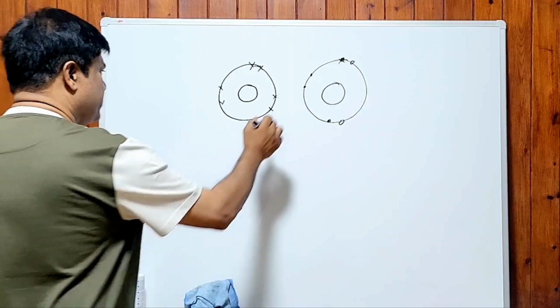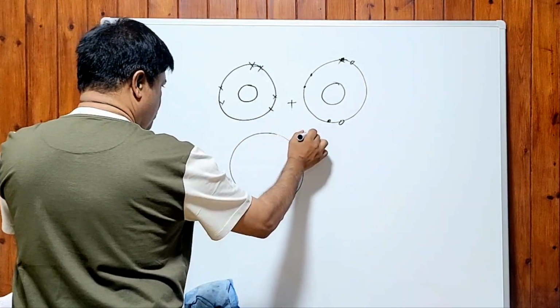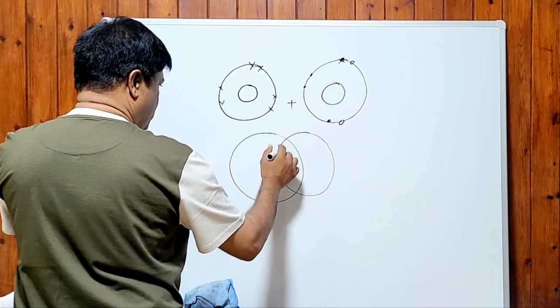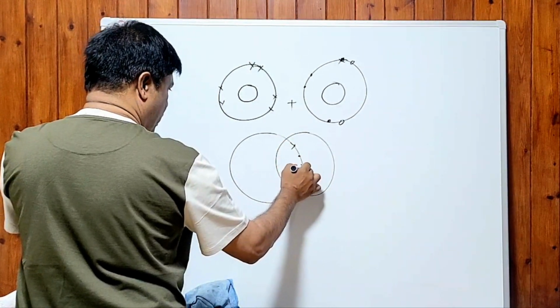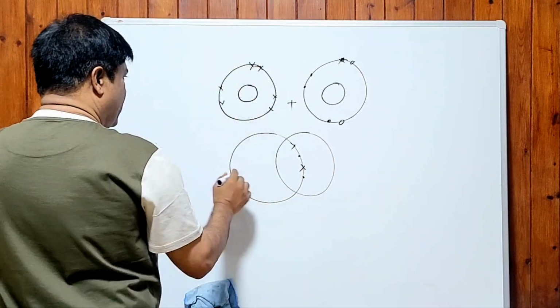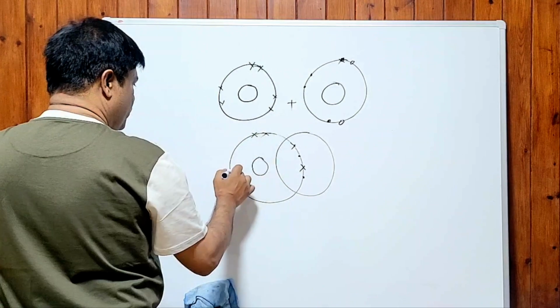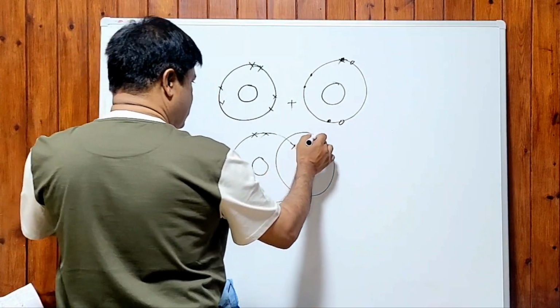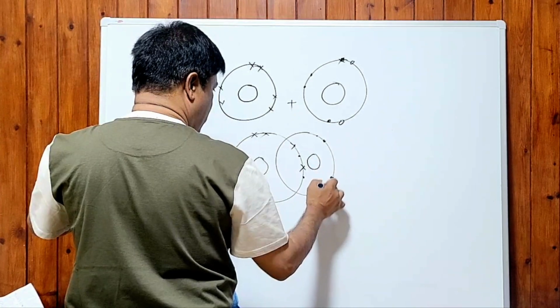They share 2 electrons each. 1, 2, 1, 2. Remaining, each has 4 remaining. 1, 2, 3, 4.